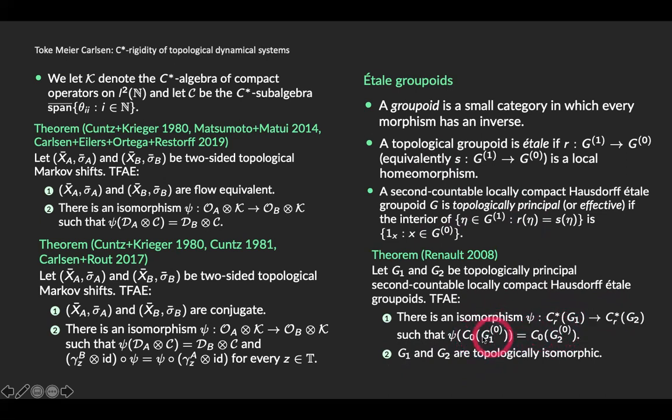So C0 of the unit space is an abelian subalgebra of the reduced C-star algebra of the groupoid.